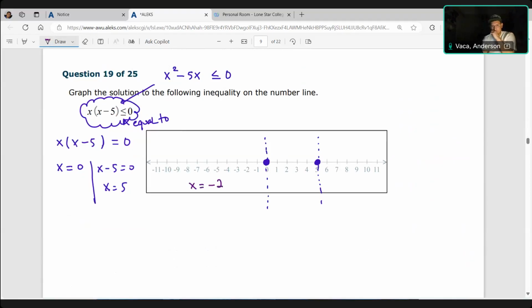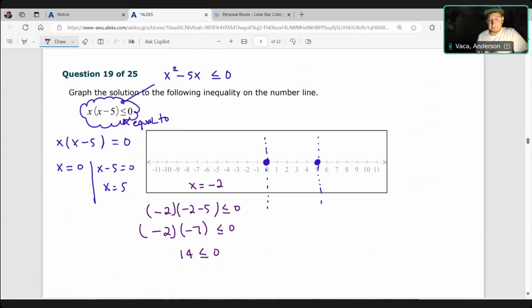-2. Will choosing any point to the left of 0 make the inequality true? Well, let's test it out. That will be -2. I guess I should put that in parentheses so I don't get confused. That will be -7. A negative and a negative is positive, so that will be positive 14 less than or equal to 0.